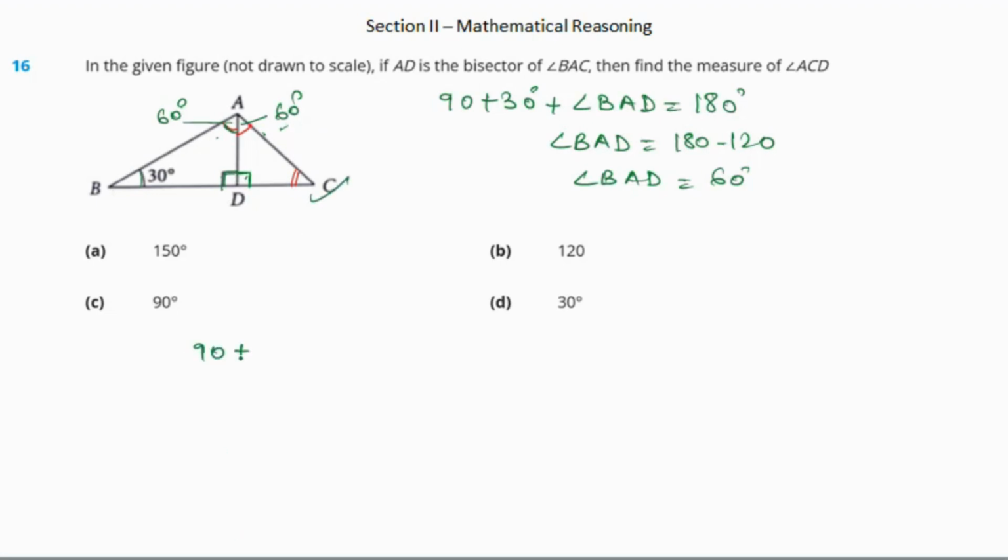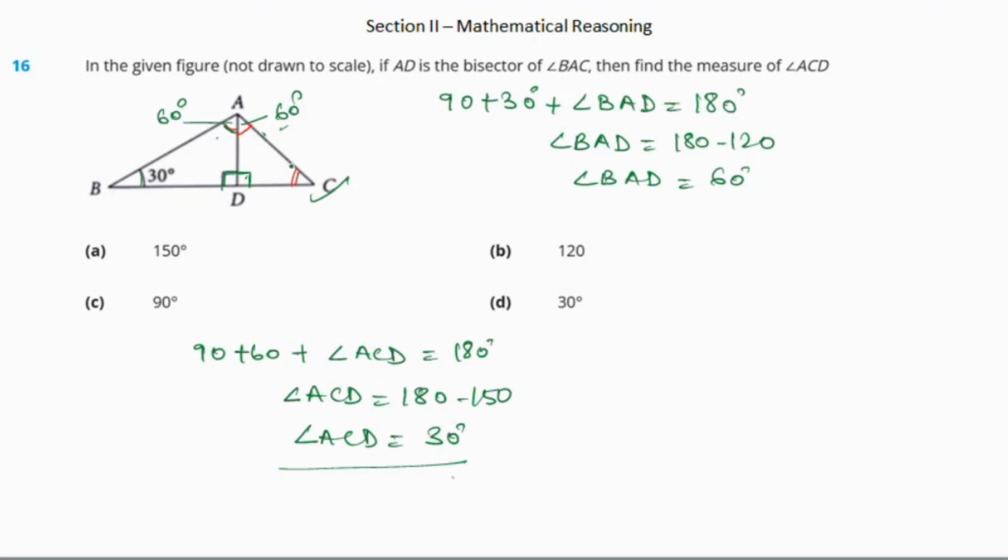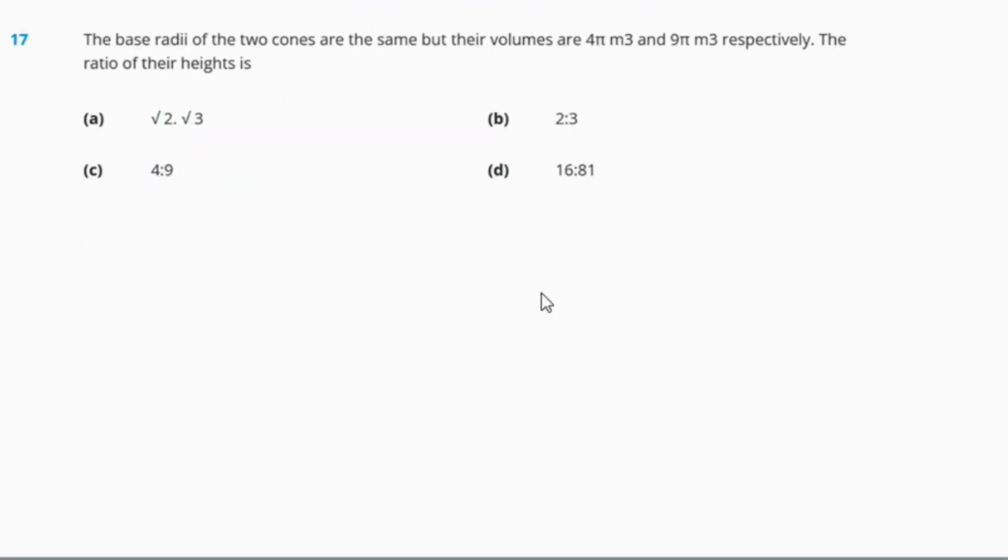Again, 90 plus 60 plus angle ACD gives us 180 degrees. Adding 90 and 60 we get 150. So angle ACD equals 180 minus 150, which is 30 degrees. So option D will be the correct answer.